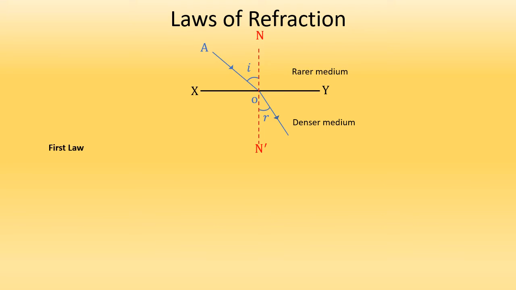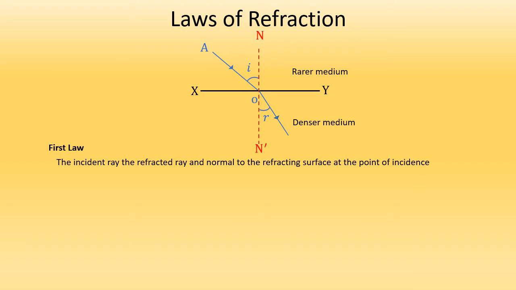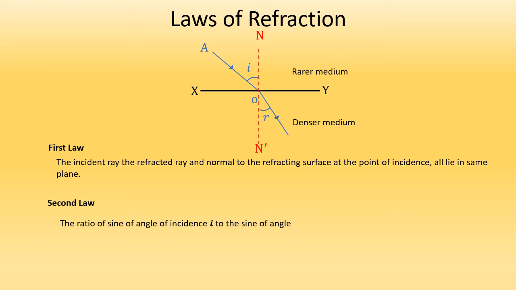The first law of refraction is that the incident ray, the refracted ray, and the normal to the refracting surface at the point of incidence all lie in the same plane. The second law states that the ratio of sine of angle of incidence to the sine of angle of refraction is constant for a given pair of media and for a given color of light.